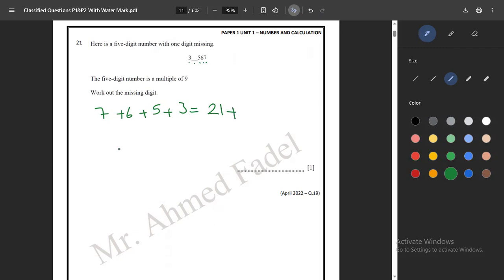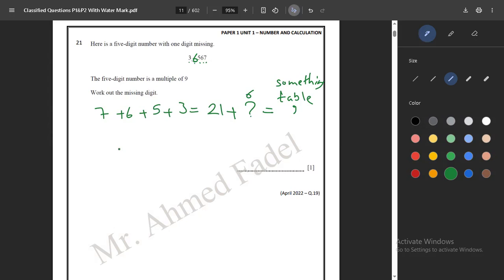What is another digit that you add and gives you something in table 9? 21 plus what? In table 9 we have 27. Perfect. So if you add here a 6, this whole thing will be a multiple of 9.